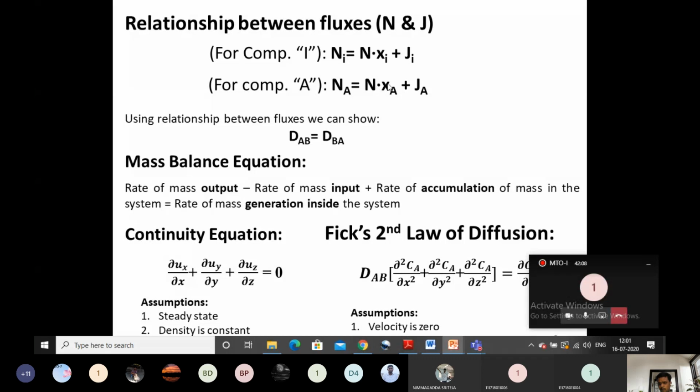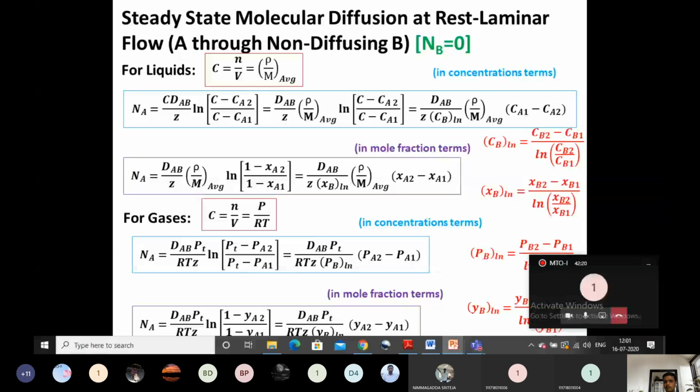Here Nb we just put as 0, so N is equal to Na in case of A through non-diffusing B. We have to remember that in A through non-diffusing B, Nb, the flux of component B, is 0. This case we have to apply for two derivations: the first is for liquids and the next is for gases.